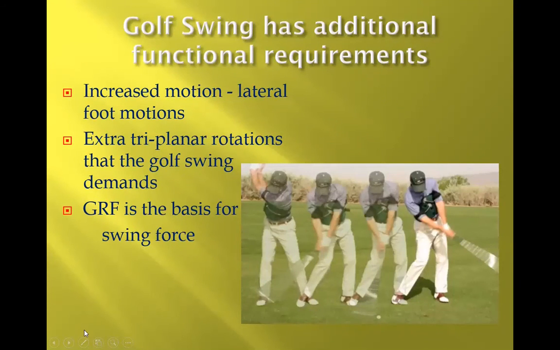Okay, so what are some other things that make golf unique when we're talking about gait? First of all, one of the things I wanted to mention also is that there's two terms that you may already know about. One is called closed kinetic chain, and one is called open kinetic chain.